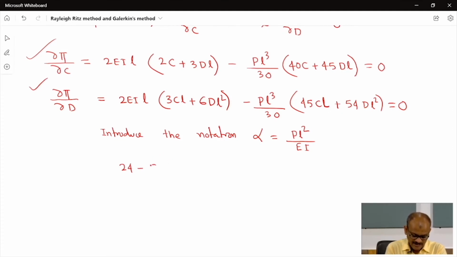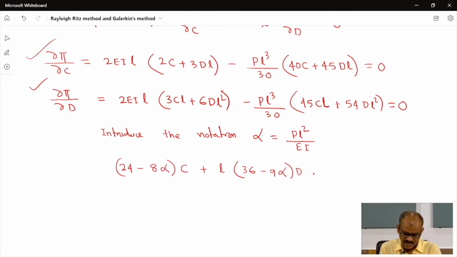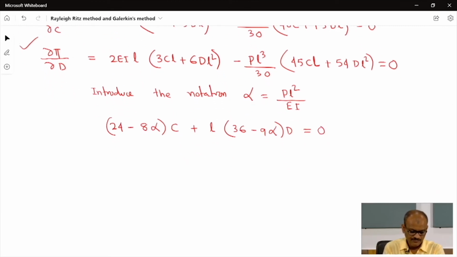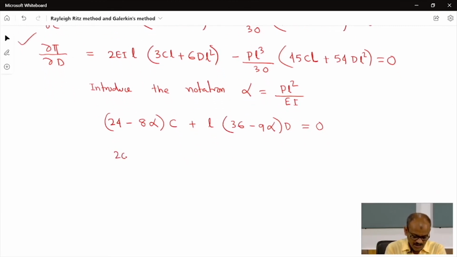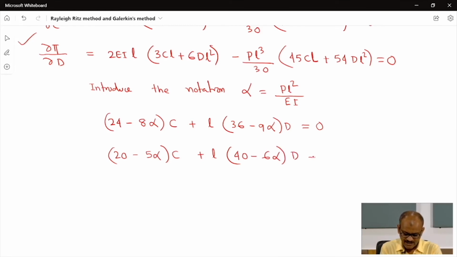Here I am directly writing 24 minus 8 alpha multiplied by c plus L into 36 minus 9 alpha multiplied by d is equal to 0, and 20 minus 5 alpha multiplied by c plus L into 40 minus 6 alpha multiplied by d is equal to 0.